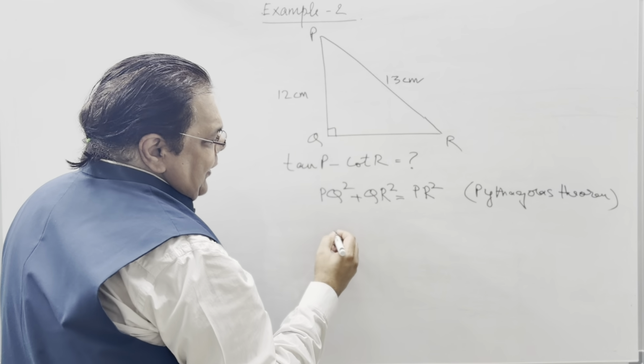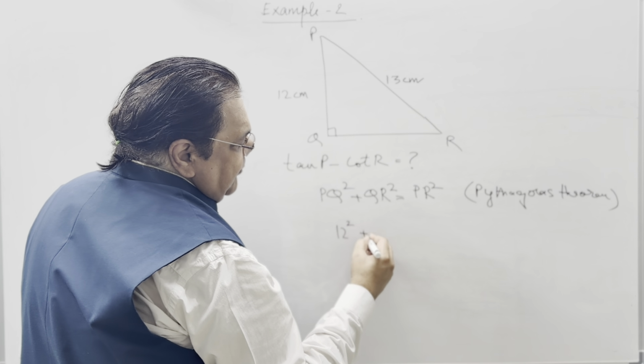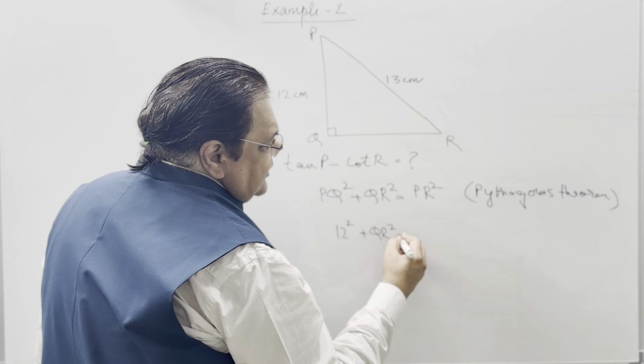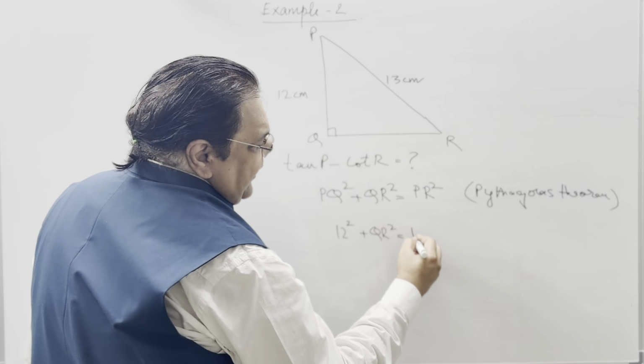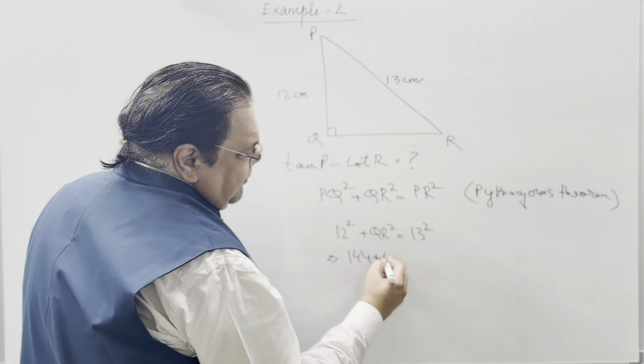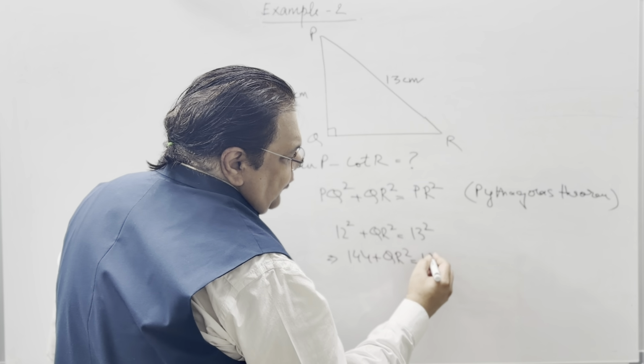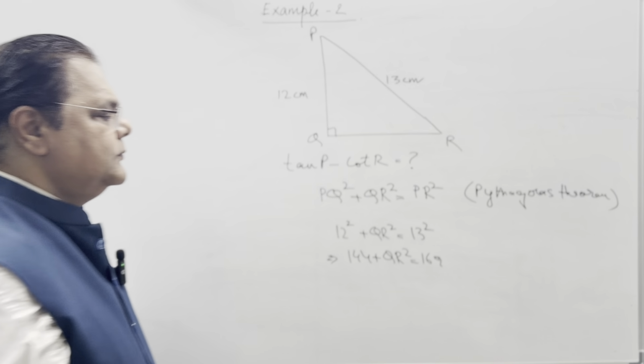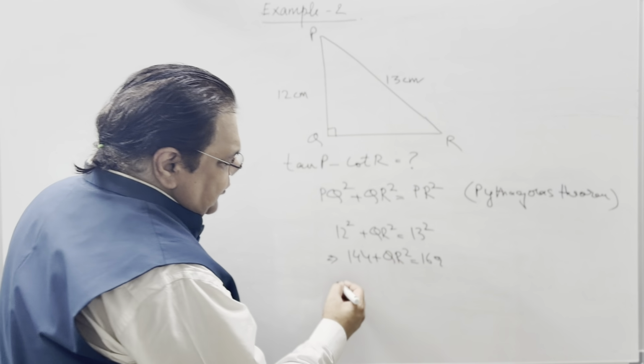PQ square is 12 square plus QR square is equal to PR square, that is 13 square, which implies 144 plus QR square is equal to 169. So QR square is equal to 169 minus 144, which is equal to 25. Hence, side QR is equal to square root of 25, that is 5 centimeters.